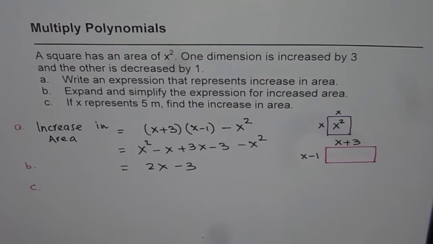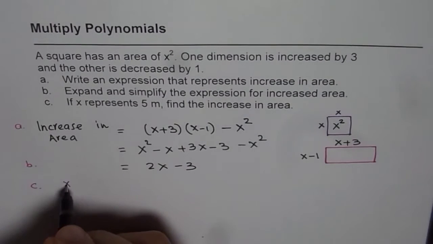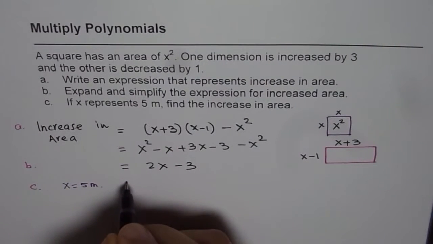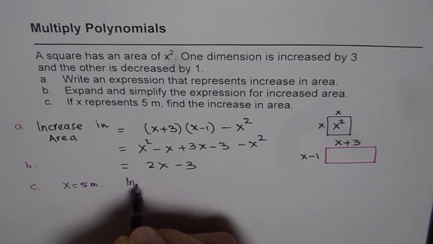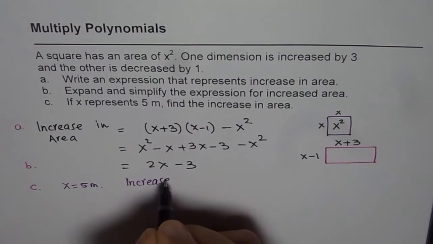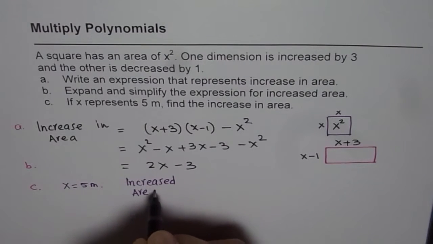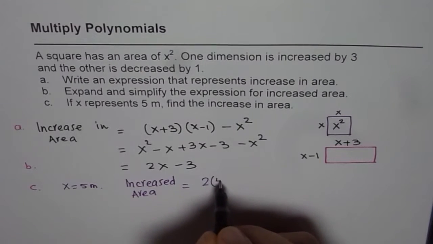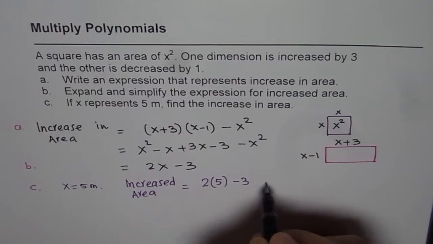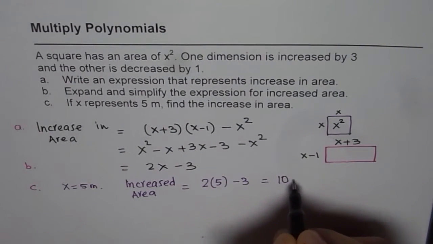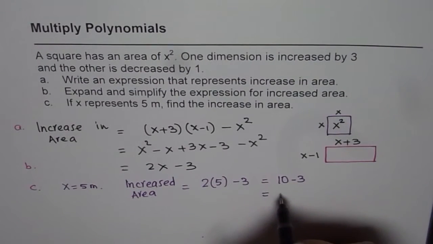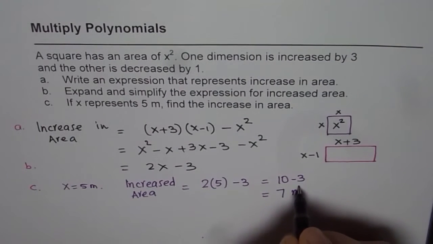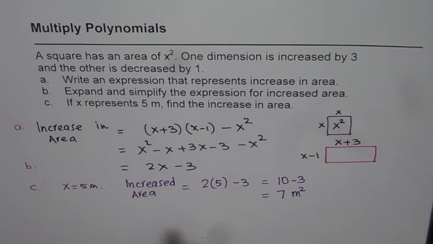So if x equals 5 meters, in that case, the increased area should be equal to, we'll replace x by 5. 2 times 5 minus 3, which is equal to 10 minus 3, and that is 7. And the units are meter square. So our answer is 7 meters square.